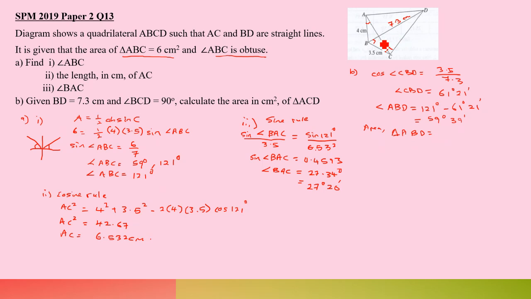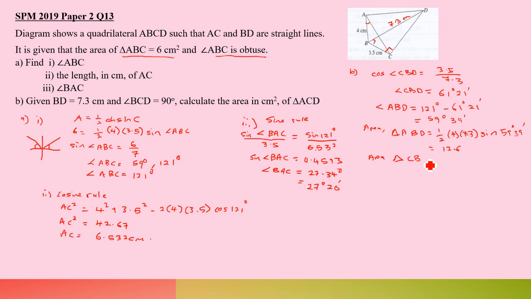So you have half times 4 times 7.3 times sine of the angle ABD, which we already found, 59 degrees 39 minutes. If you calculate this using your calculator, you will get 12.6 cm squared. And then we find the area for the second one, the triangle CBD.